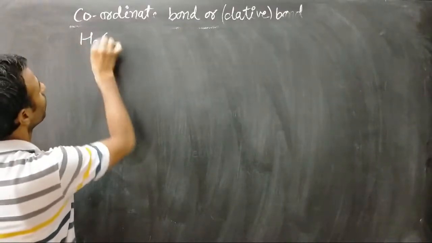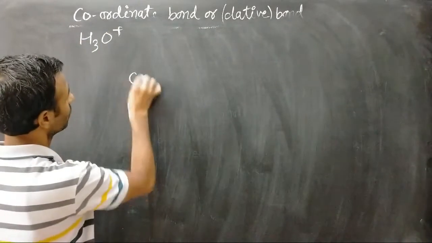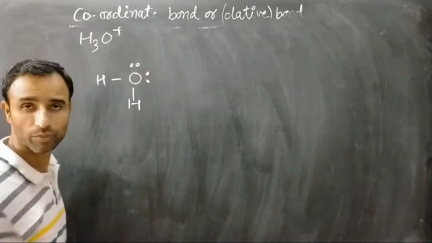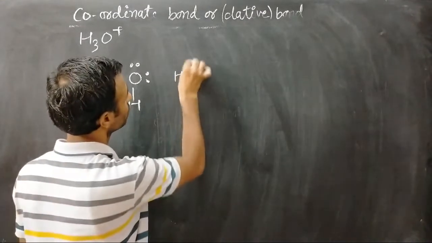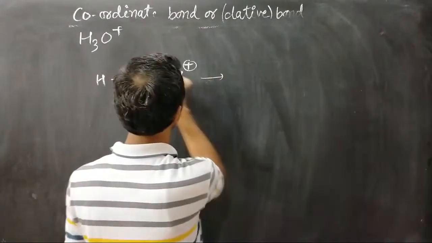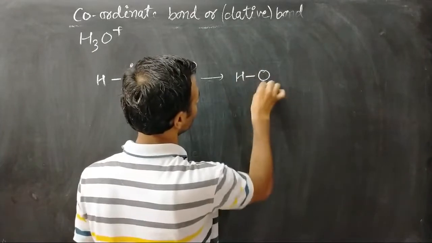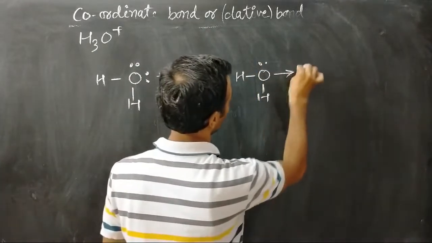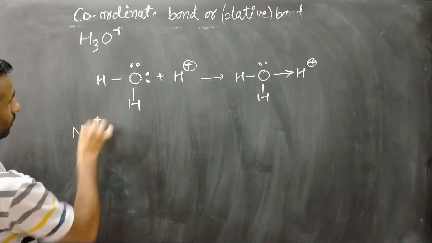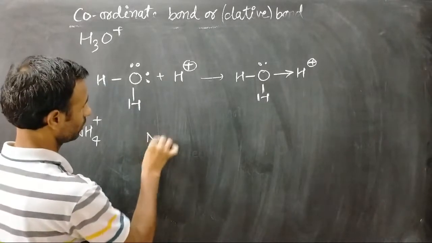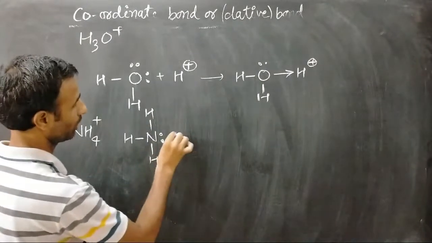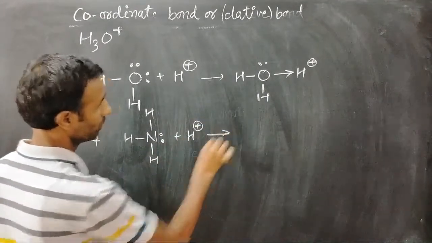Now say in H3O plus, you know, water is like this, and H plus has no electron. So when H plus is attached to it, it is like this. NH4 plus: in NH4 plus, again the same case, ammonia has a lone pair, H plus has no electron.